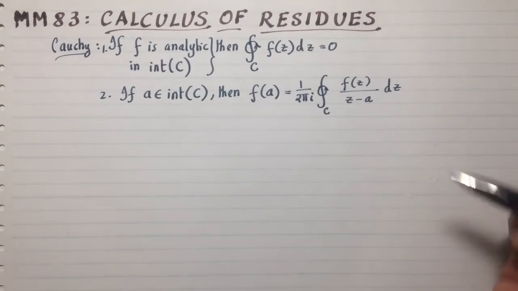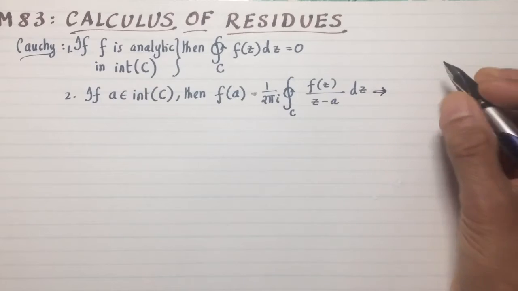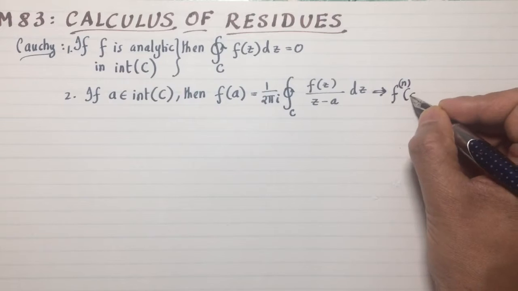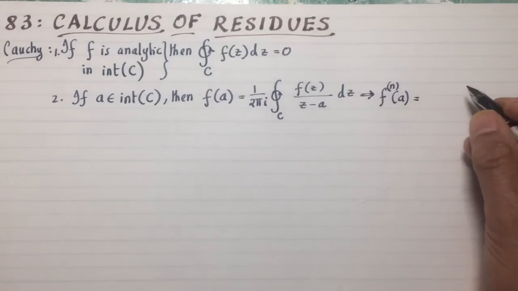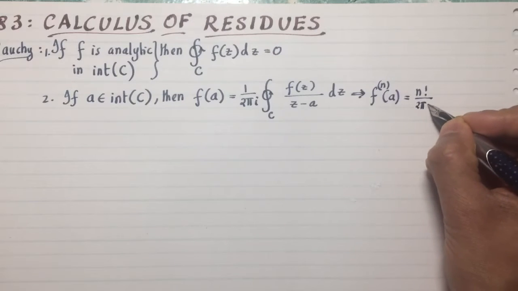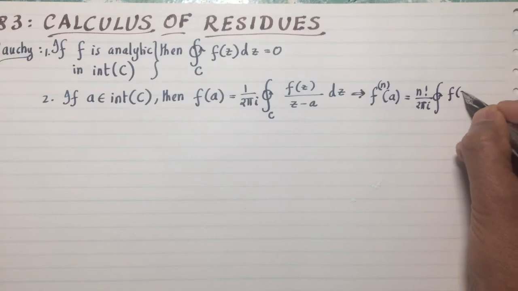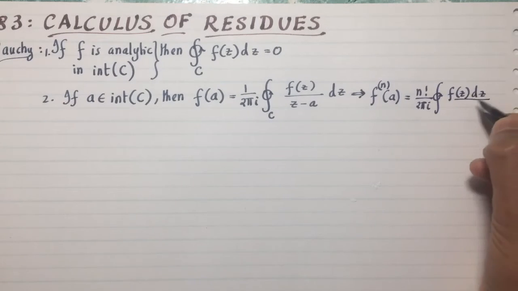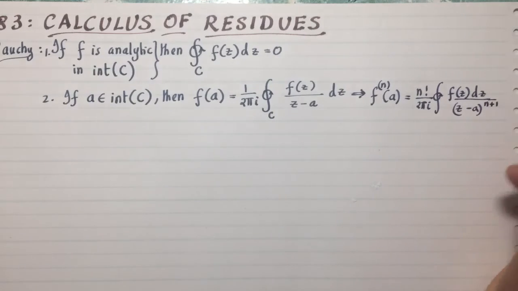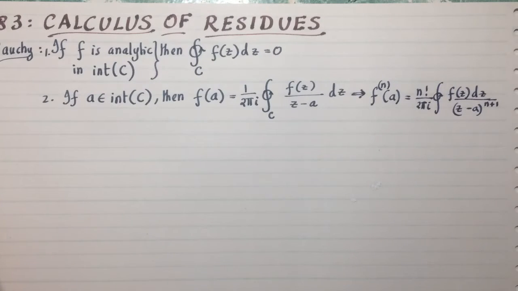By the way, there's an easy corollary to this, which can be gotten by differentiating under the integral sign and induction, and that is the nth derivative of f at the point a is given by n factorial over 2 pi i, the closed integral of f of z dz over z minus a to the power n plus 1, which you can immediately get by differentiating under the integral sign n times.